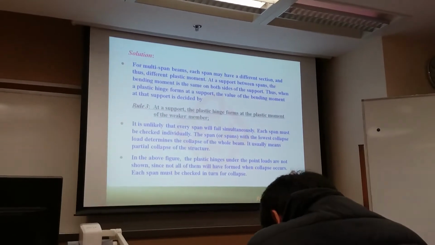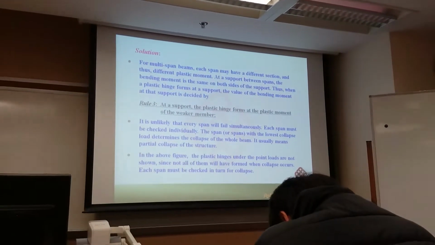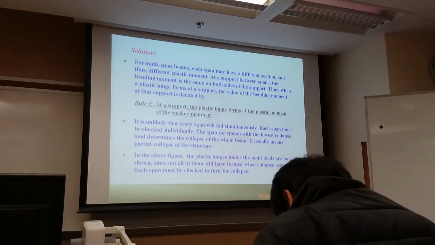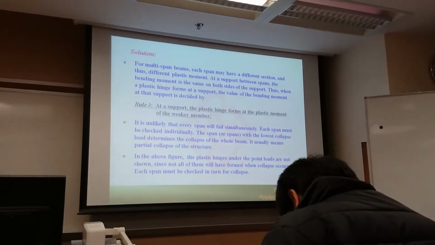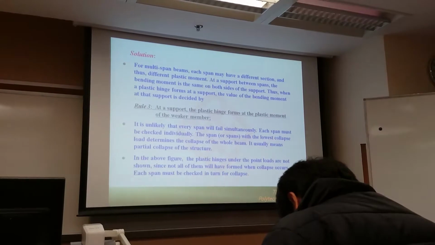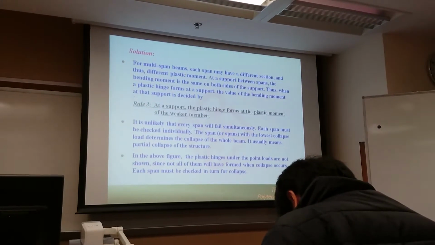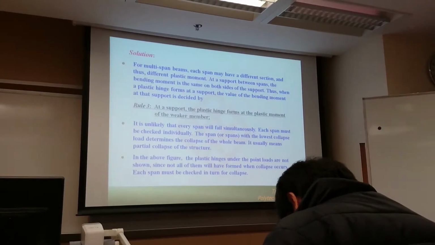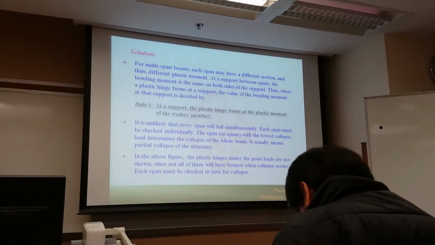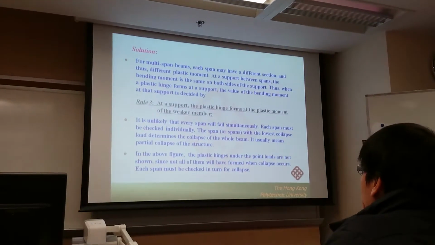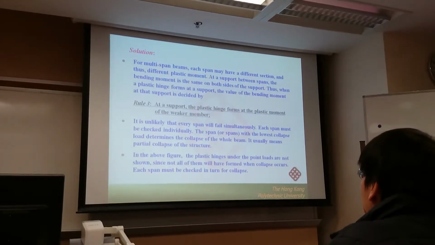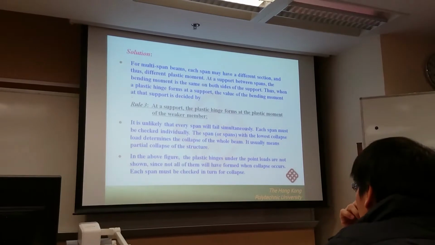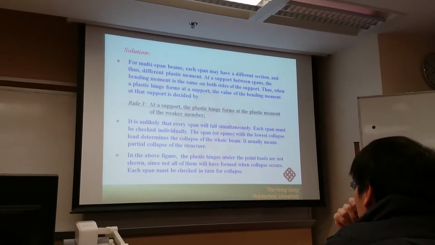We always have a plastic hinge at the support location, because at the support location we have the maximum hogging moment. The formation of the plastic hinge destroys the continuity, because rotation is allowed at the plastic hinge location, since this is a hinge.